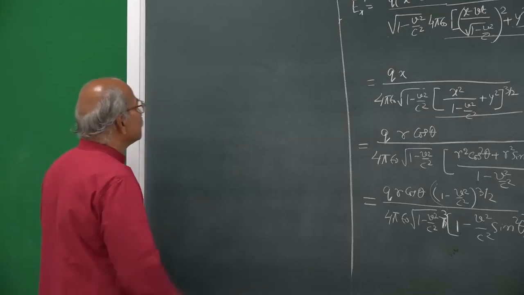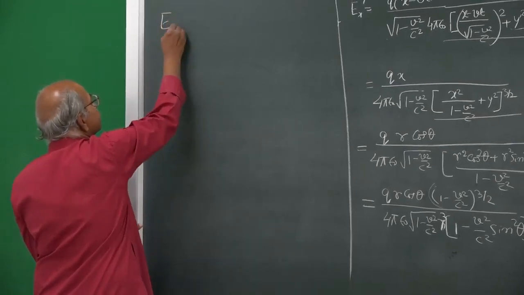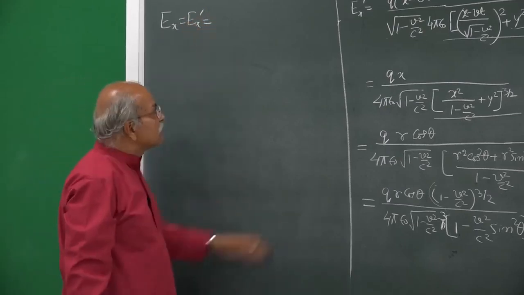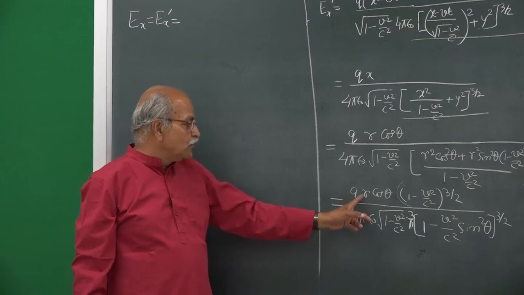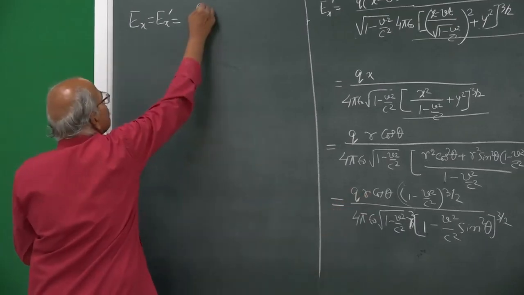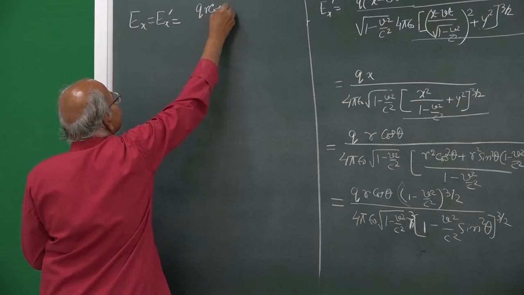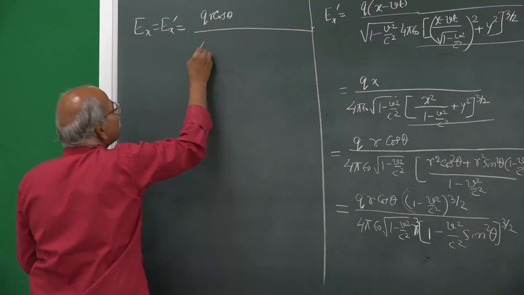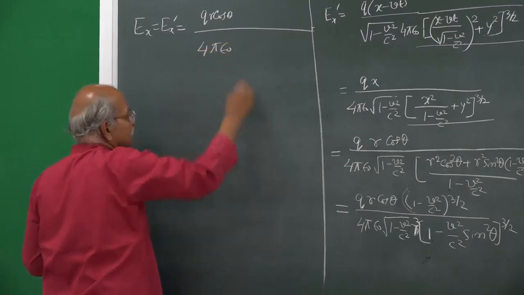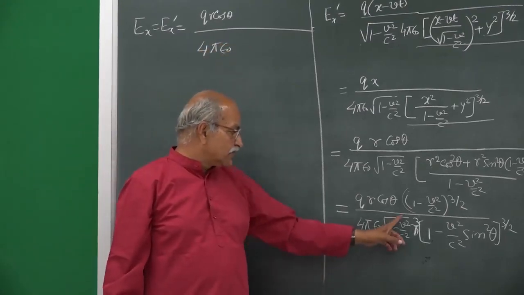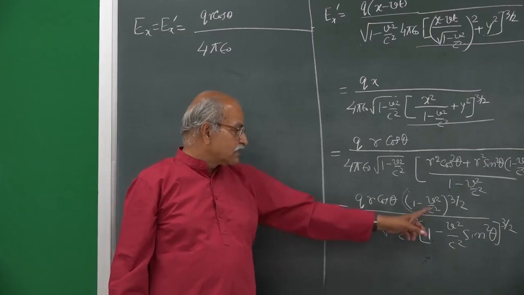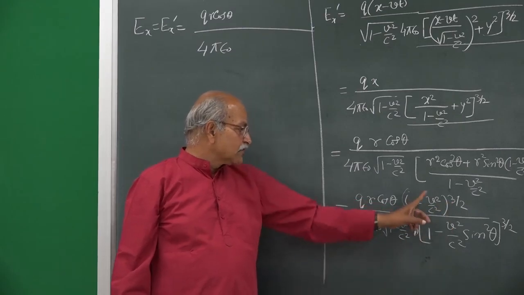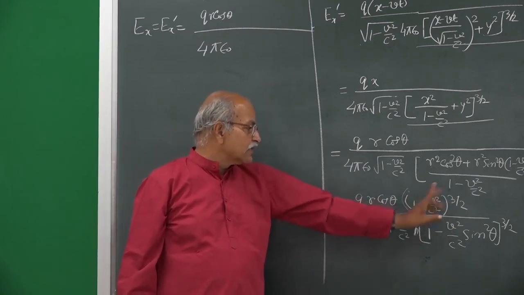So, our x component Ex, which is the same as Ex prime, which is here. So, I can write q r cos theta divided by 4 pi epsilon naught, and this factor here, square root of 1 minus v square by c square, and this factor here, (1 minus v square by c square) power 3 by 2. You can simplify, this will be 1 minus v square by c square in the numerator.